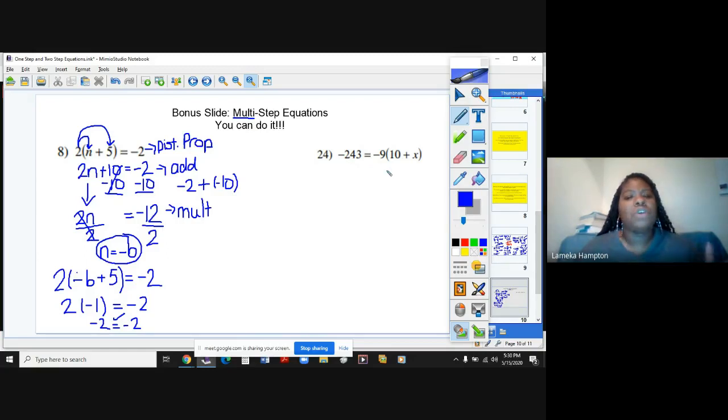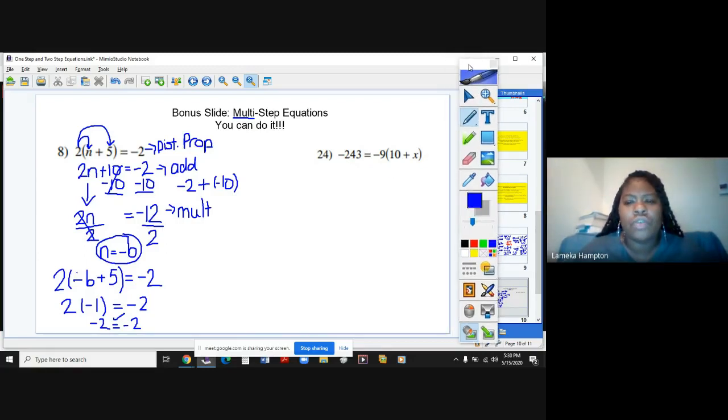All right. So again, I have the distributive property. I'm just going to put DP because I'm running out of space. So distributive property is here. And what that means, I'm going to take -9 multiplied by 10 and -9 multiplied by x.